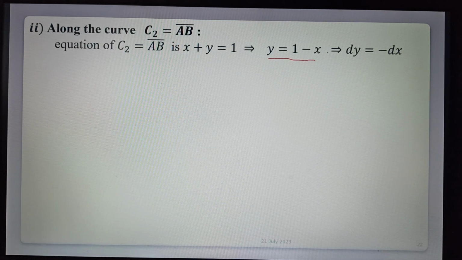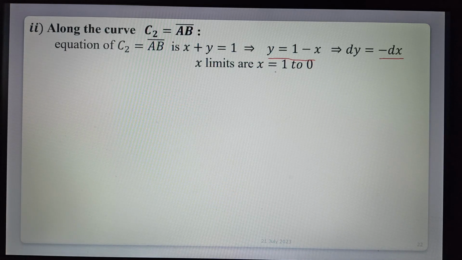Y is in terms of x, and dy is equal to minus dx. Now choosing the x limits. The AB line is 1 comma 0 to 0 comma 1, so x limits 1 to 0, choosing only the single direction, that is the anti-clockwise direction, 1 to 0.